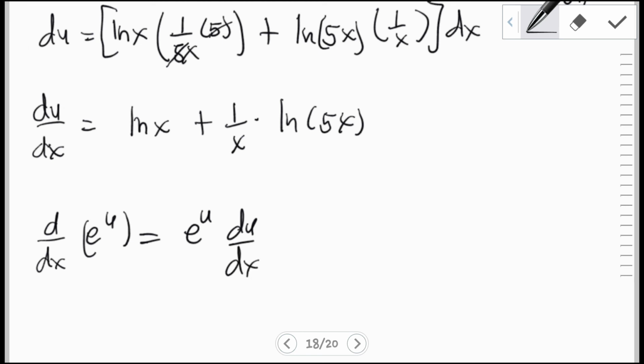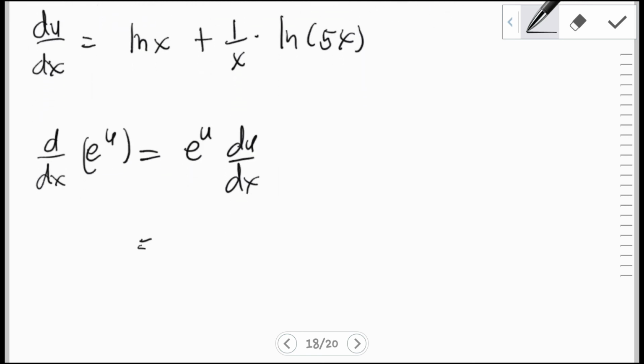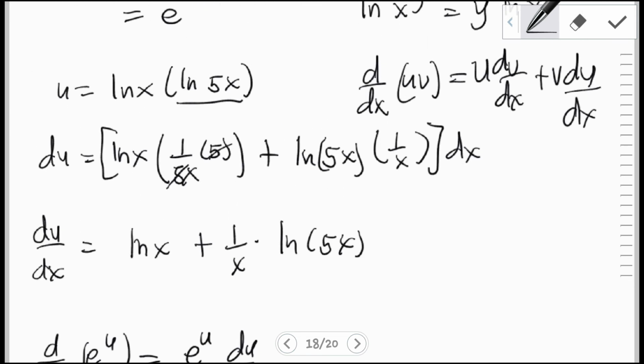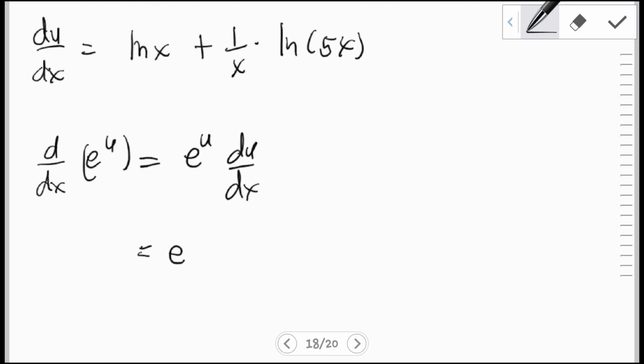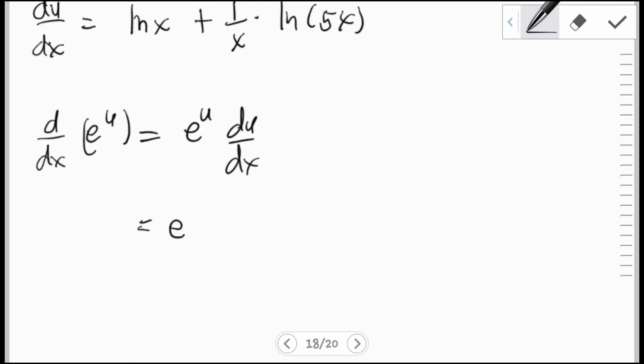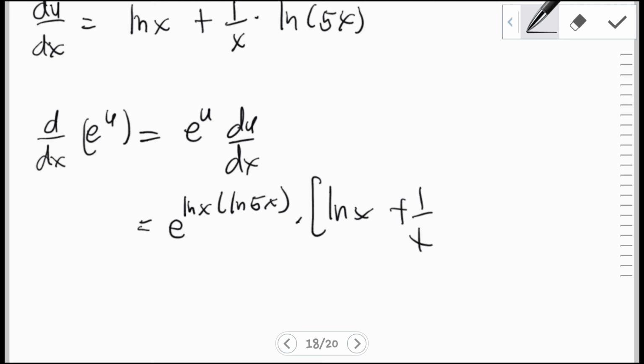So rewrite e to the power u, where u is ln x times the ln 5x, times ln x plus 1 over x, then times the ln 5x.